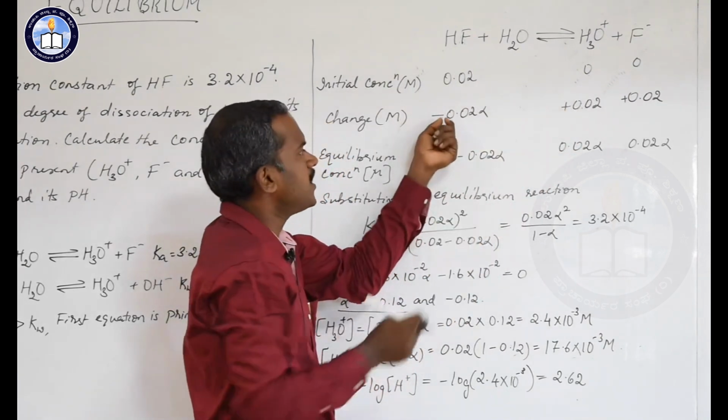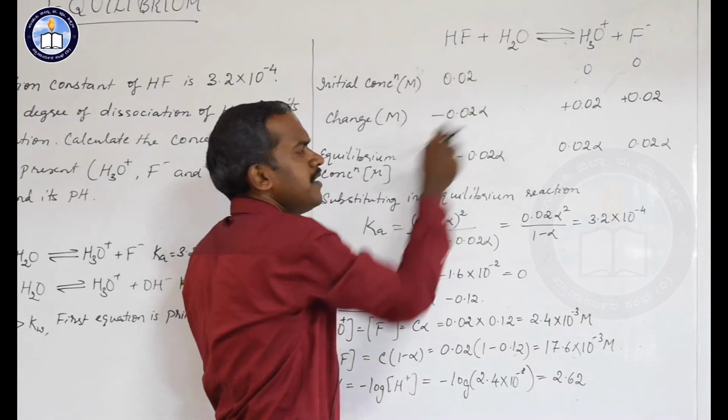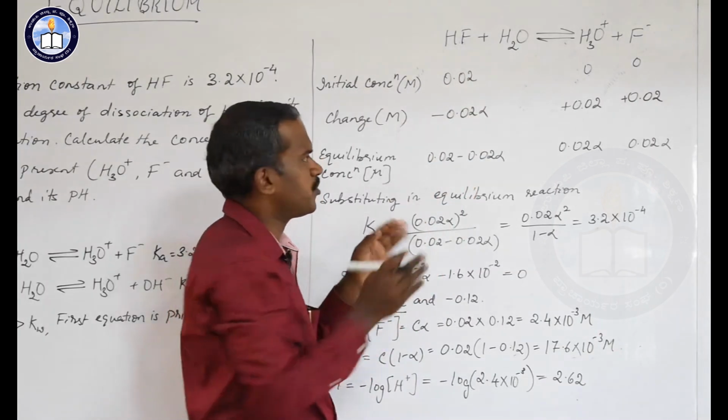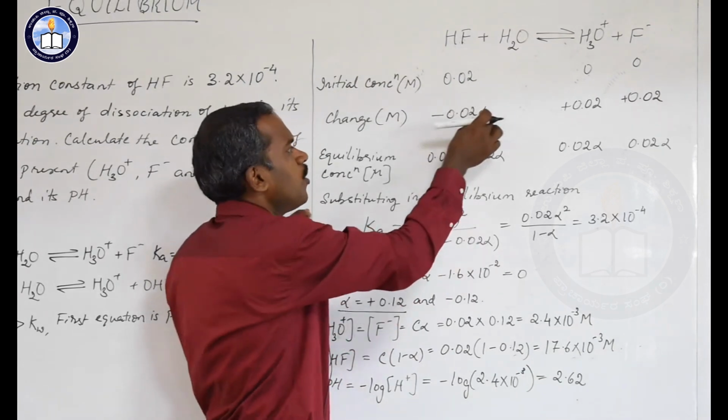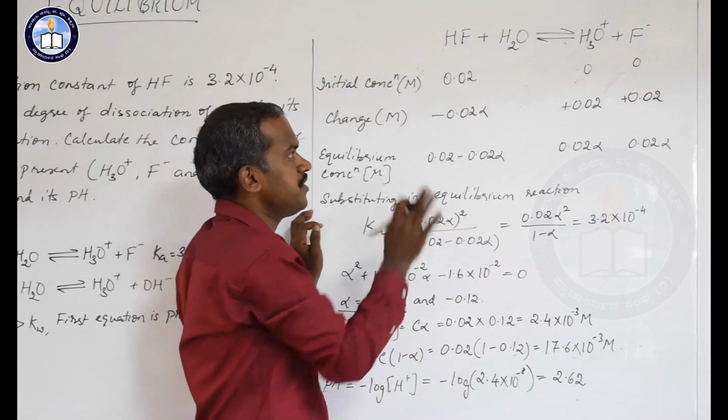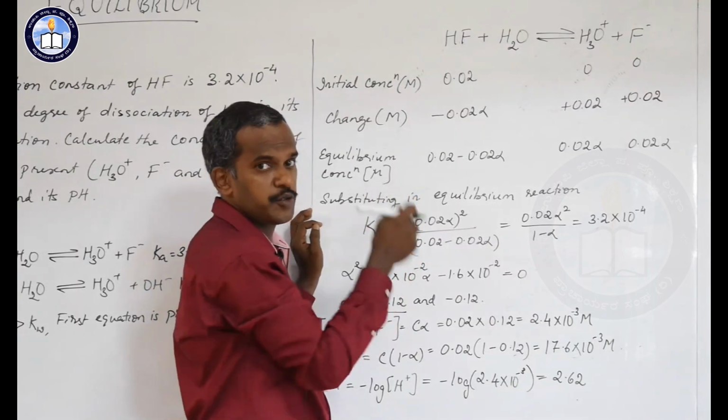So minus 0.02, the same value, multiplied by the degree of dissociation. Suppose it is 50% dissociation, it is multiplied by half. So alpha is the degree of dissociation. We don't know its value, which you have to calculate here.